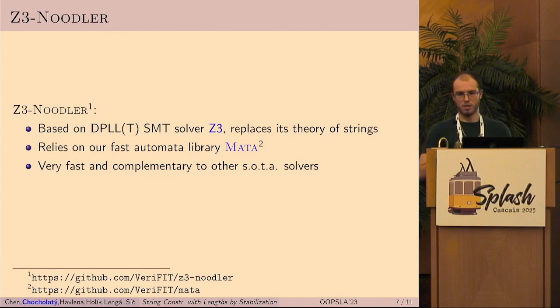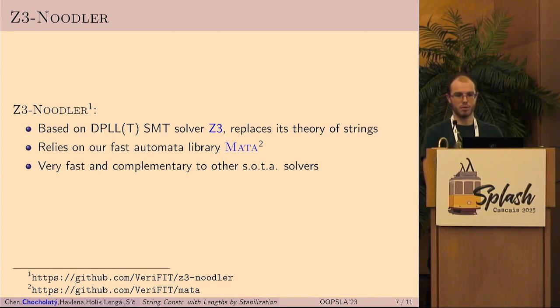We implemented this approach in Z3 Noodler, which is built on top of Z3, and it replaces its theory of strings. Our solver is a string solver, so it replaces this theory of strings and some other parts of Z3. Then for our approaches, we need finite automata and quick operations on them.